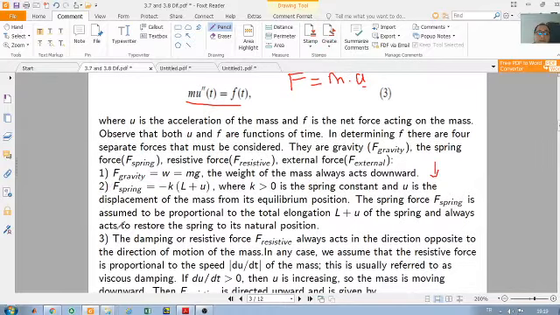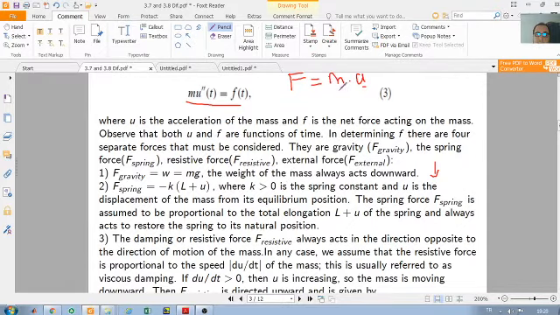And the spring force is equal to minus k times the length of the spring, which is written as L plus u, where k is the spring constant and u is the displacement of the mass from its equilibrium position.